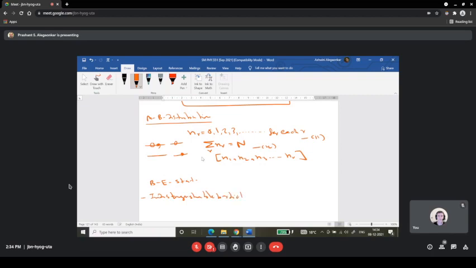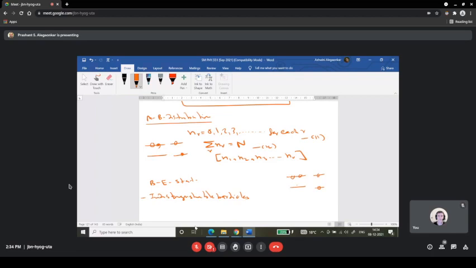We have indistinguishable particles, and once you have indistinguishable particles, what is going to happen? As we saw yesterday, there will be combinations of the states. In that case, what is going to happen?